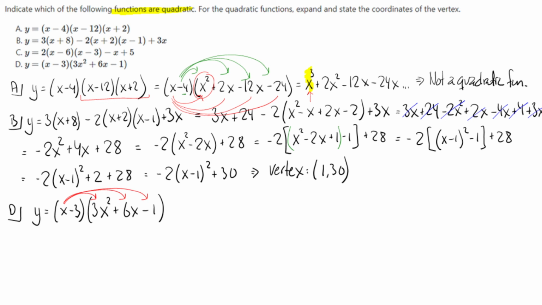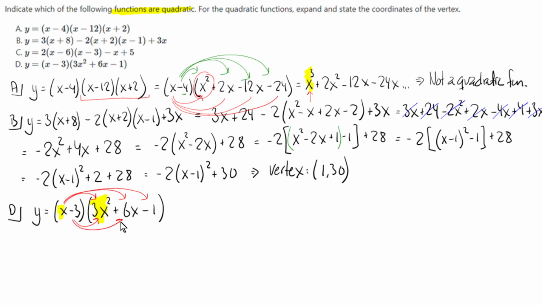We can see that x times 3x squared will give us a cubed term. So we don't want a cubed term, we're looking for a quadratic function. Will there be an opportunity to get any other cubed terms that could remove that cubed term? No, because once we multiply the x into the trinomial, then we take the negative 3 and multiply it into the trinomial. Negative 3 times 3x squared is not going to give us a cubed term.